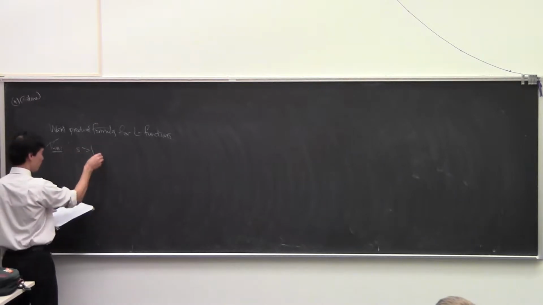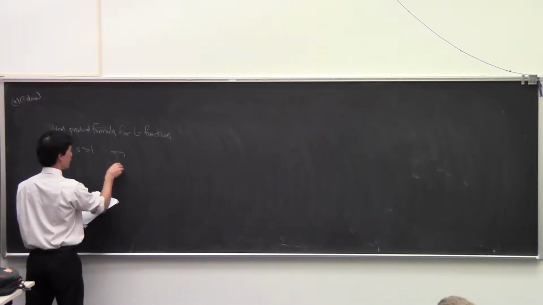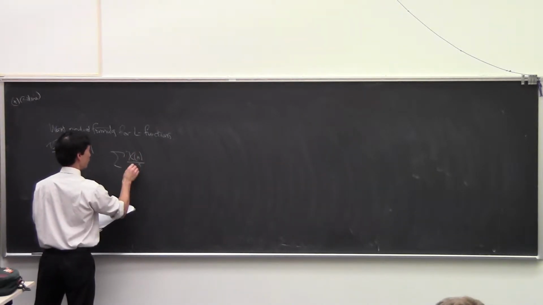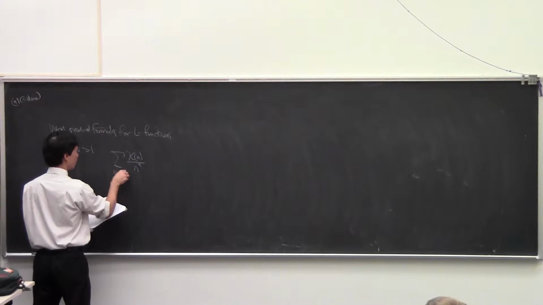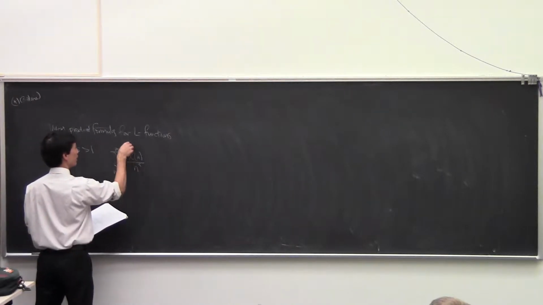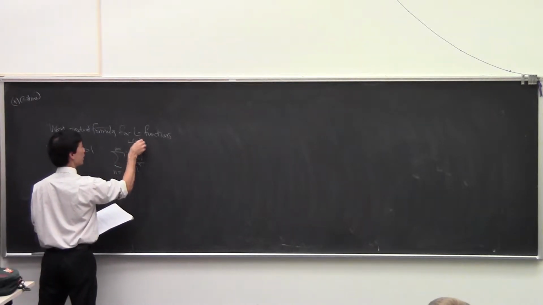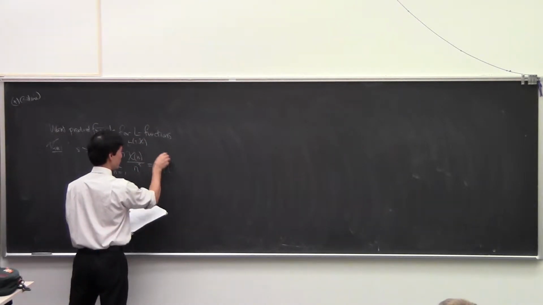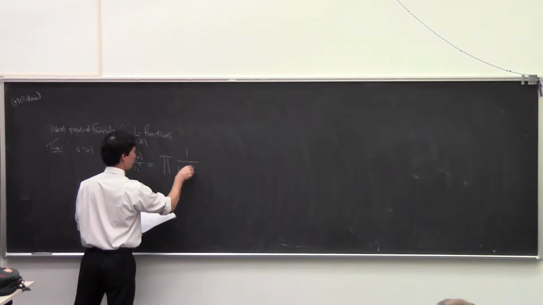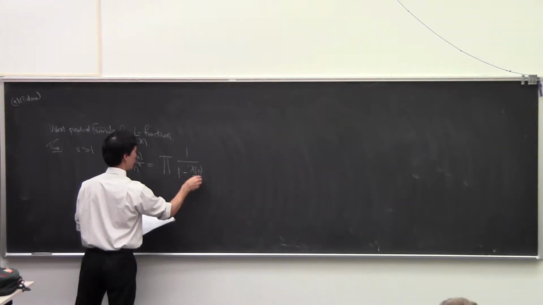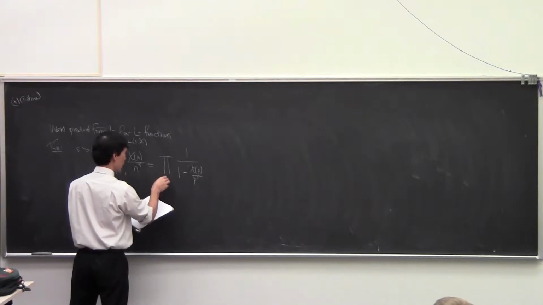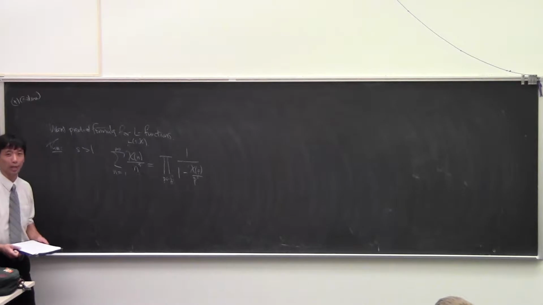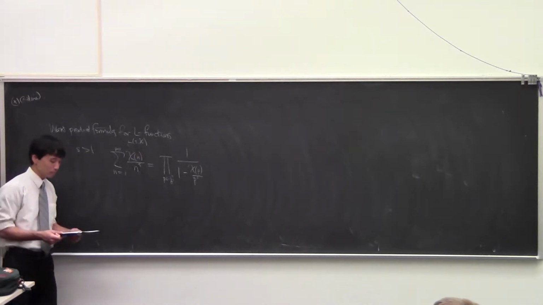For s greater than 1, our current goal is to show that the L-function L(s, chi) is expressible as the product of 1 over 1 minus chi(p) p to the s, as p ranges over the primes. This is the analog of the product formula.